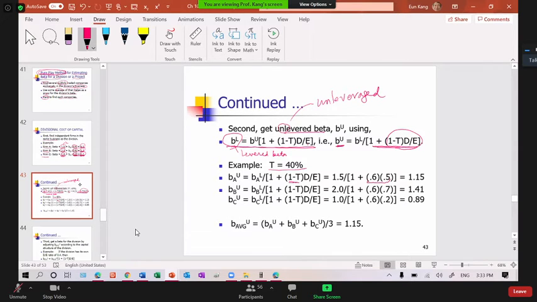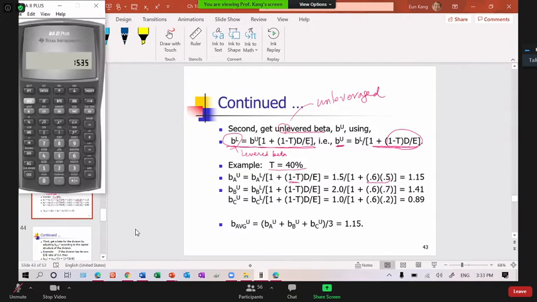Then you have to do this first, so 0.6 times 0.5 is 0.3. Now you add 1 plus 0.3, and divide by 1.5. That is inverse, so you put 1.3, hit 1 over x, 1.05, right? So again, you have to practice at home.